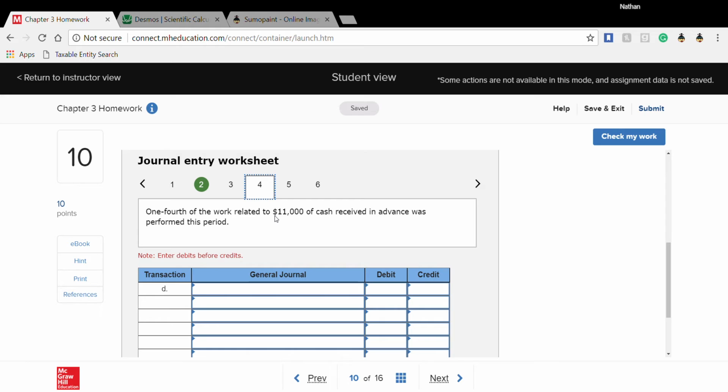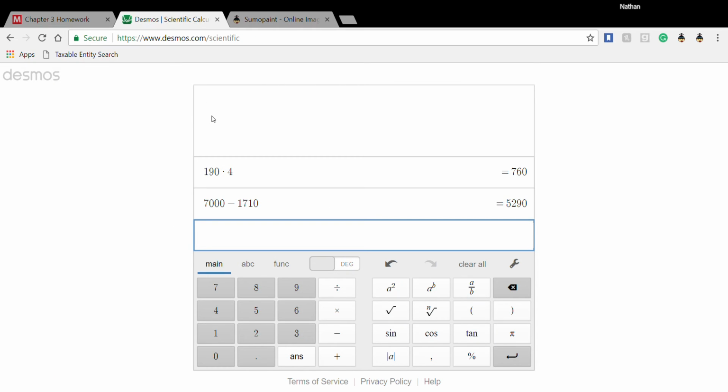Because we received this cash in advance, we know it's in unearned revenue, but we've only completed 1/4 of the work. This is more related to construction jobs, which tend to happen a lot with unearned revenue. But when you get to intermediate, you get to experience a lot more fun stuff with this.